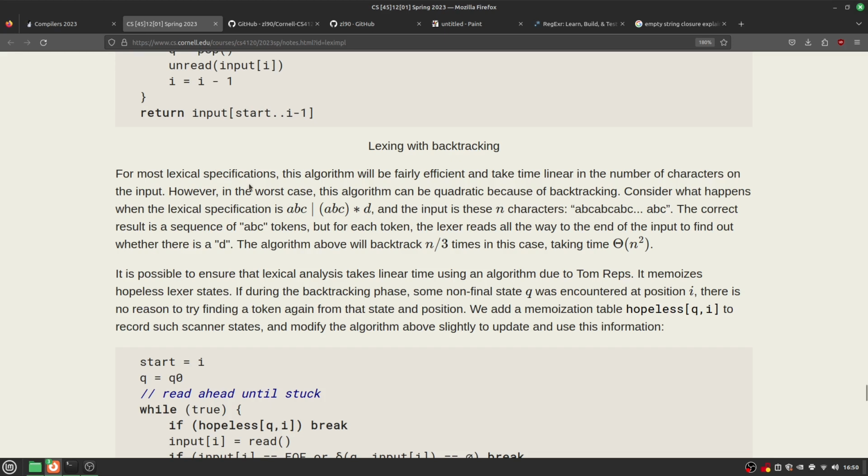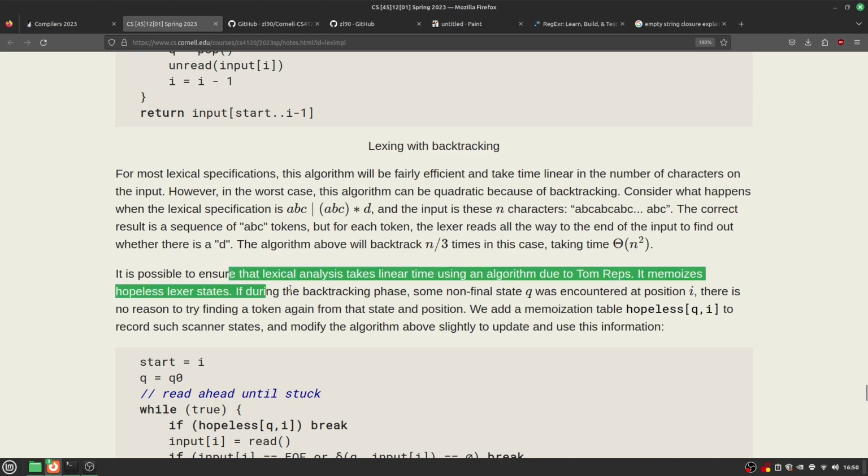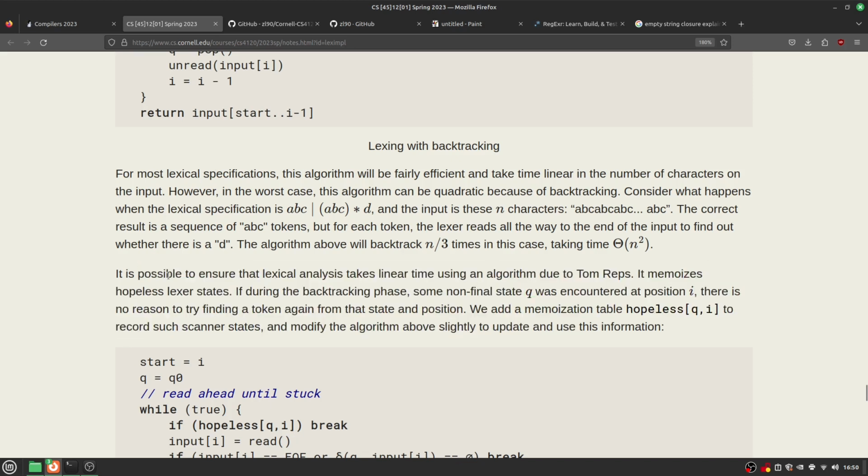It's possible to ensure that lexical analysis takes linear time using an algorithm due to Tom Reps. It memoizes hopeless Lexer states.